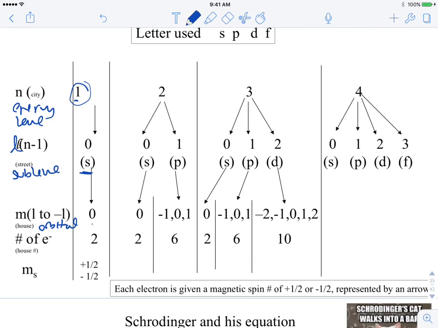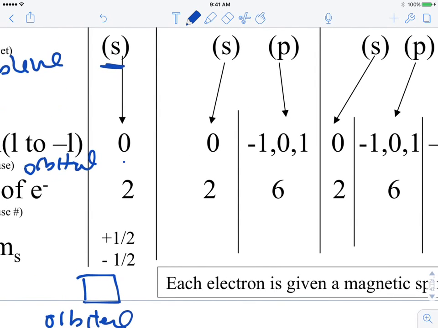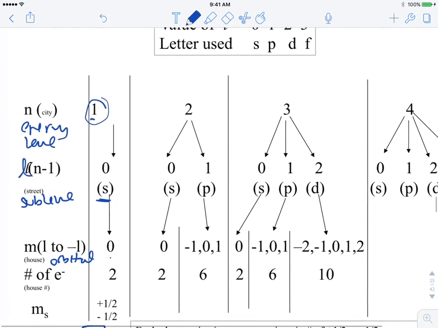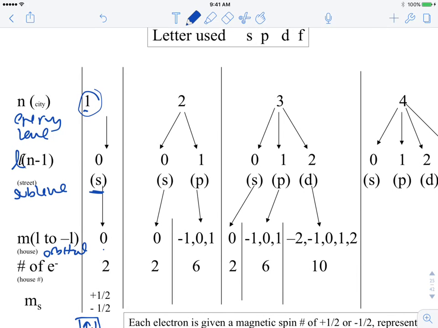I can show this by drawing a box for the orbital, and within the orbital, I can put my 2 electrons, +1/2 and -1/2. My first energy level, n equals 1, is my smallest energy level. It can only hold 2 electrons.